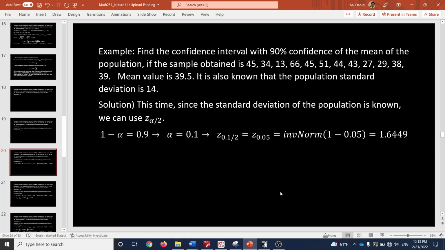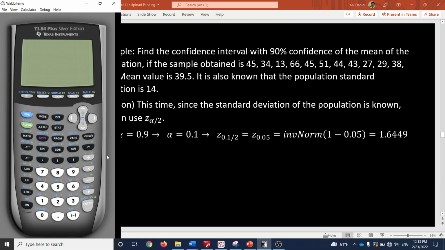So let's do this. Since alpha is 0.1, it's the same story. So turn this on. Second vars, inverse norm.